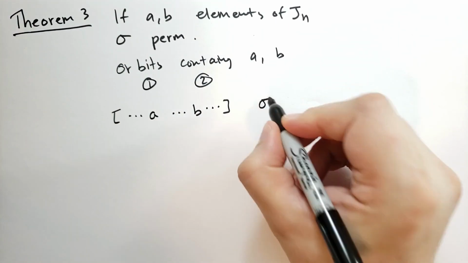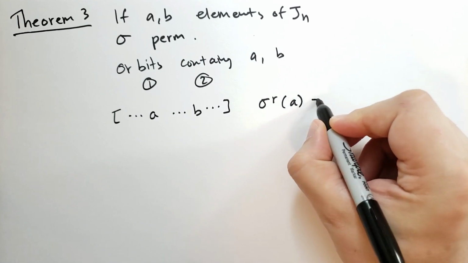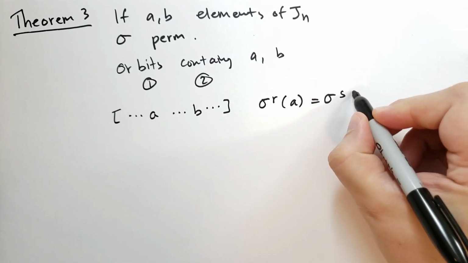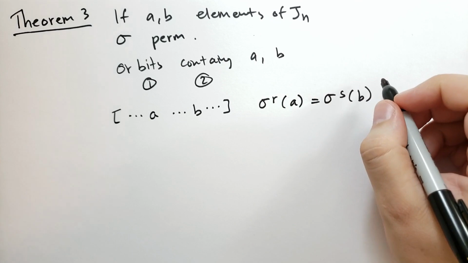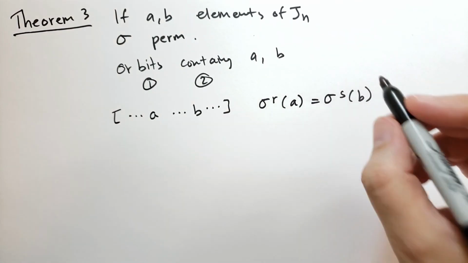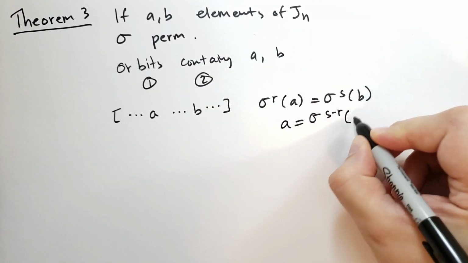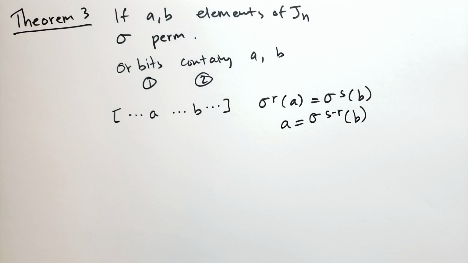That means that you'll take sigma applied to itself R times on A, and sigma applied to itself S times to get B, okay? These two numbers will be the same, okay? And so we can say A is equal to sigma of S minus R applied to B, okay?